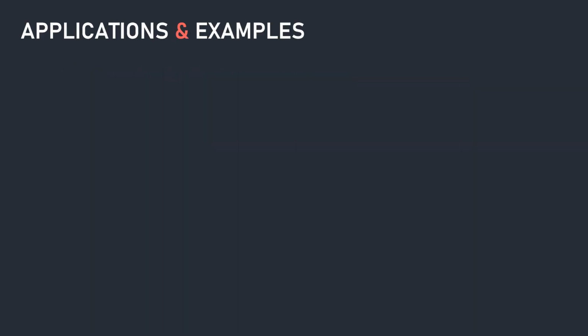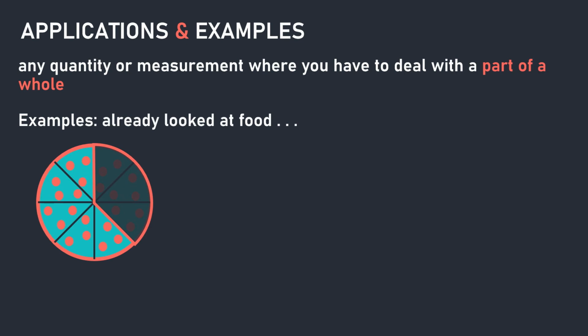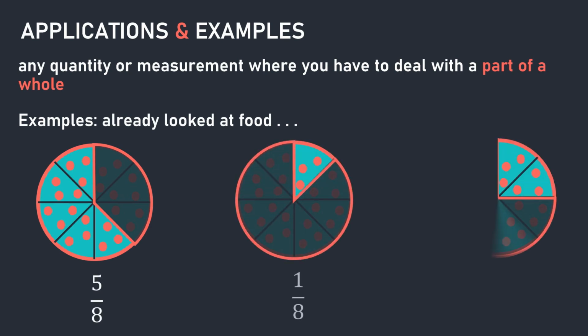All right, so lastly, before we wrap up, I just wanted to share some applications and additional examples of fractions. Recall what I said in the beginning of this video, that a fraction is simply any quantity dealing with part of a whole. We've already looked at examples covering food, so I'm not going to go over that again. Let's look at some other quantities instead.